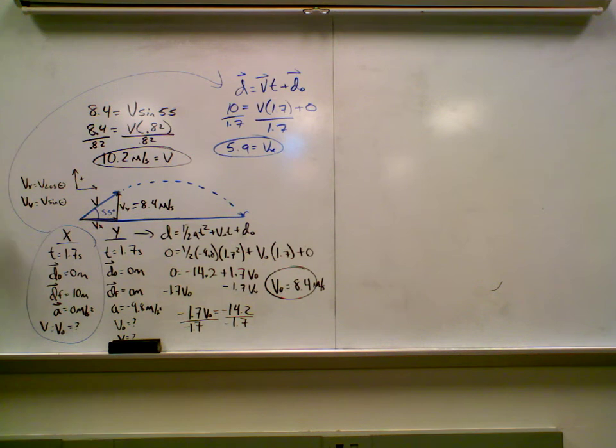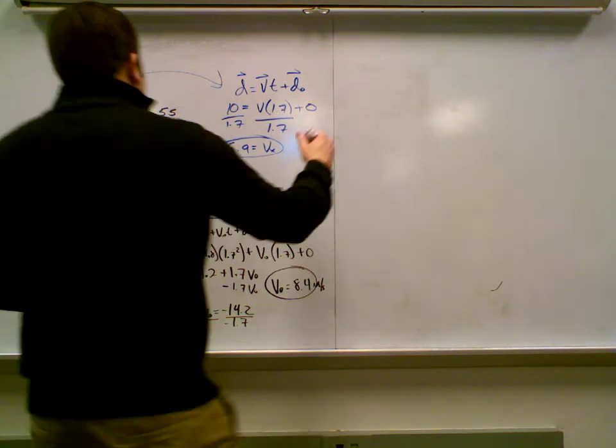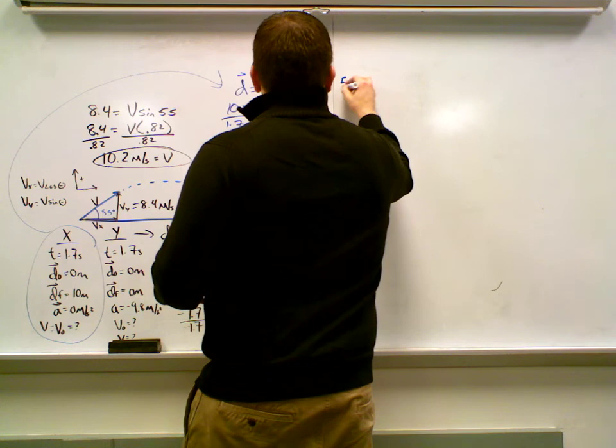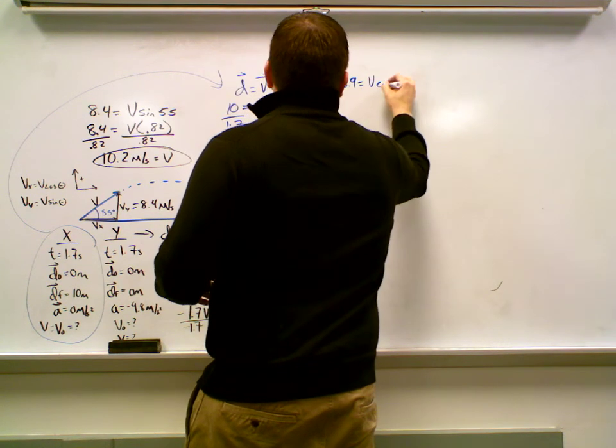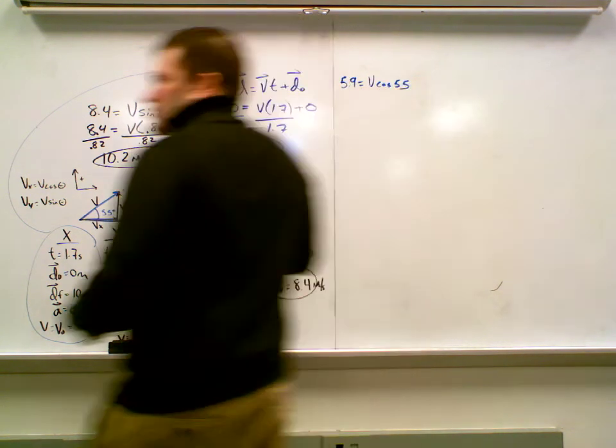So now instead of using Vy equals V sine theta, we could use Vx equals V cosine theta. Should I get the same answer? Yes. Let's check. So we know 5.9 equals V cosine 55, right?